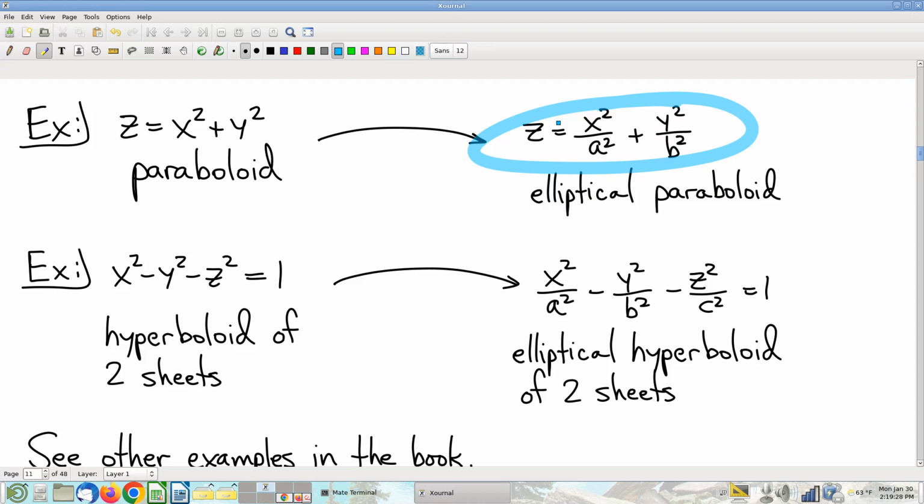That's going to take your original paraboloid that has circular cross sections and stretch those circular cross sections into elliptical cross sections, and so we call this an elliptical paraboloid. Everybody with me?